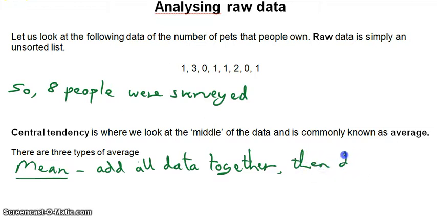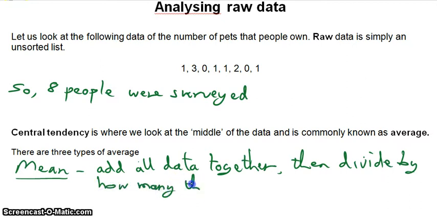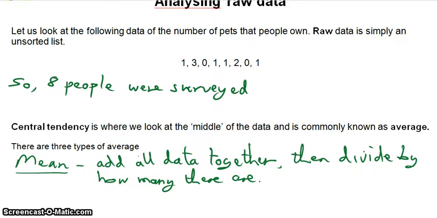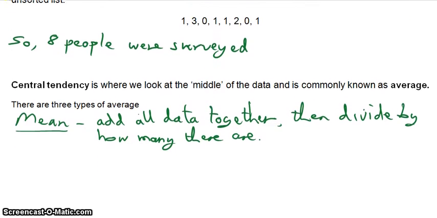Correct. Then divide by how many there are. This is basically a fair average, in the sense that you put all these numbers into a hat and then spread them out equally between 8 people.